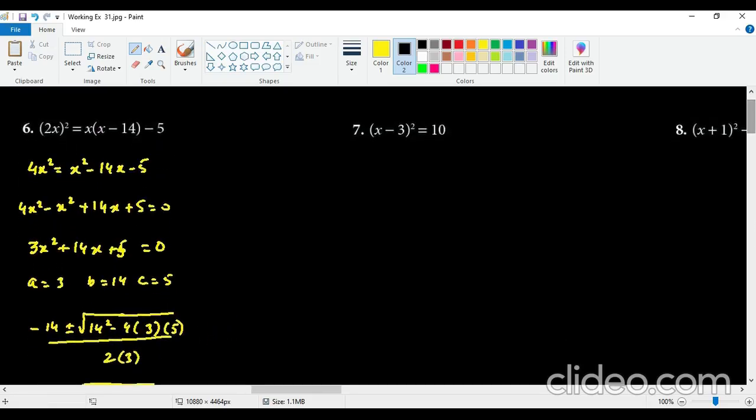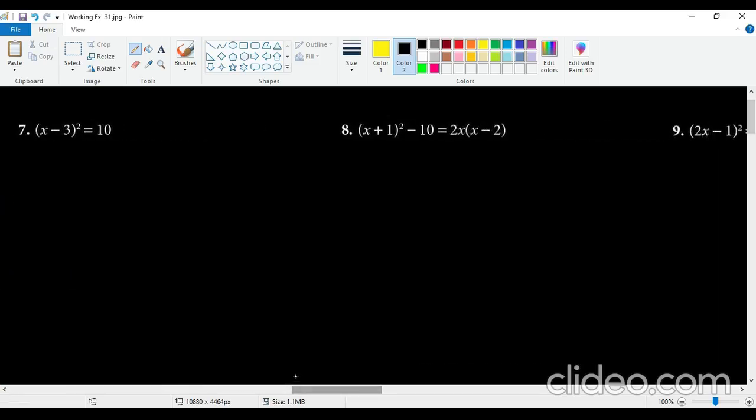Moving on to question number 7. In here I know the a minus b formula. The a minus b formula states a minus b whole square equals a square minus 2ab plus b square, and a is x and b is 3.